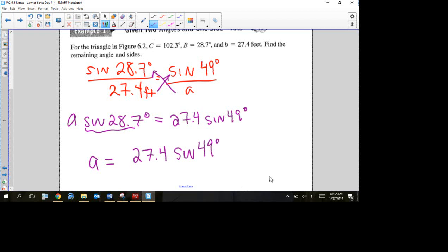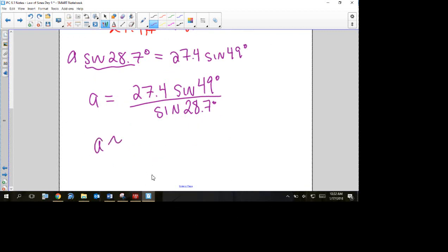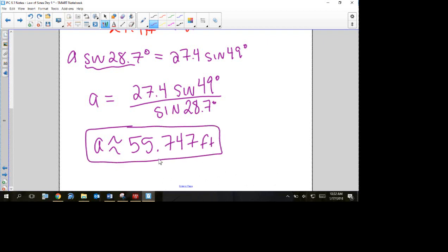I'm going to ask you to try this on your calculator so you know how to type it in correctly. We'll just write down my answer. So make sure you get the right answer.